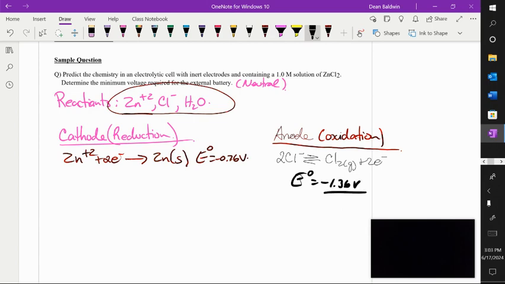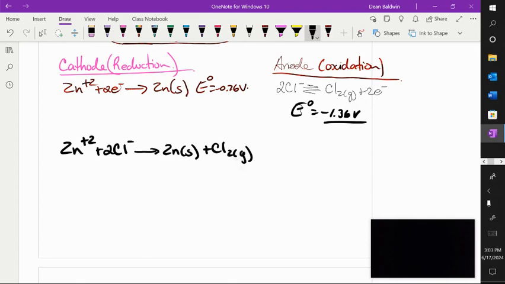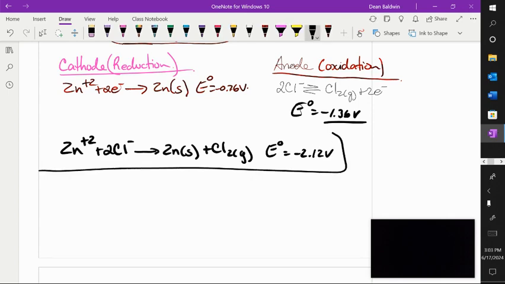negative 1.36 volts. When you add these two reactions together, the overall reaction is zinc plus 2 chlorine molecules gives me zinc solid and chlorine gas, and the cell potential is negative 2.12 volts. Okay?